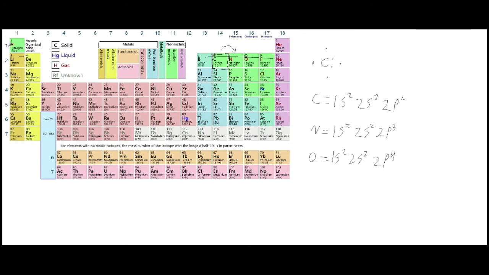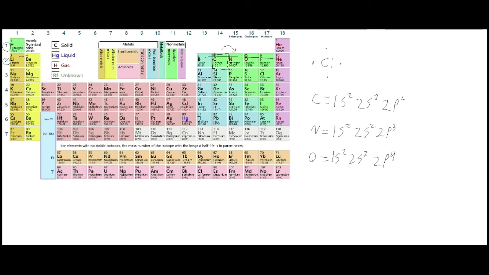Then the second row will have these 2 s's, and then once we get over here it has 2 p's. Lithium and beryllium have 0 of the 2 p's, which is why they're over here, and they only have 2s1 and 2s2.